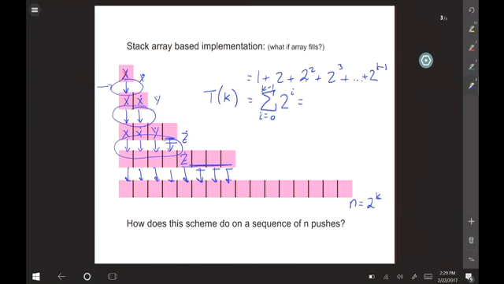Yeah? Oh, like this? 2 to the k minus 1, like that? Yeah, right, good. I always do them over 2 minus 1 in my head too, because then you can generalize it. But yes, exactly. Any question about it? Okay, fine. Are we done here?